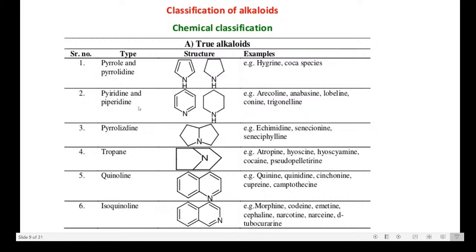This structure is very important, and the examples are here: cocaine, lobeline, pyrrolizidine. It's very important. Echimidine is a very rare chemical which is present in the species of Amsinckia. Tropane and quinoline. Quinoline is very commonly present in many plants. Isoquinoline. These two, 5 and 6, are widely present in many species.